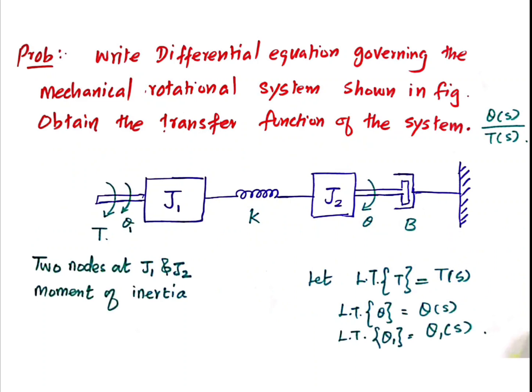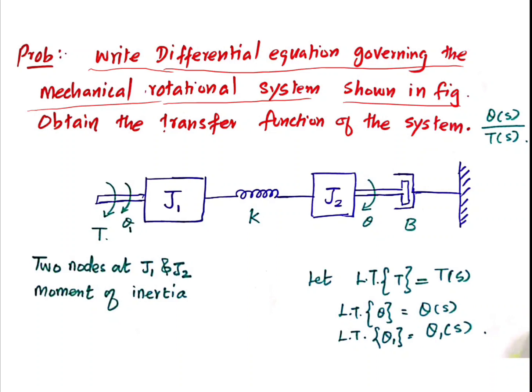So I'll read the problem. Write the differential equation governing the mechanical rotational system shown in the figure. Obtain the transfer function of the system, that is, we have to find theta of s divided by T of s. Just see this setup.